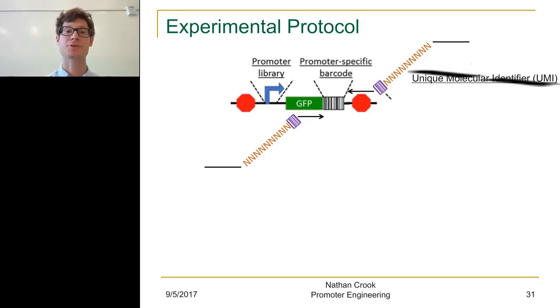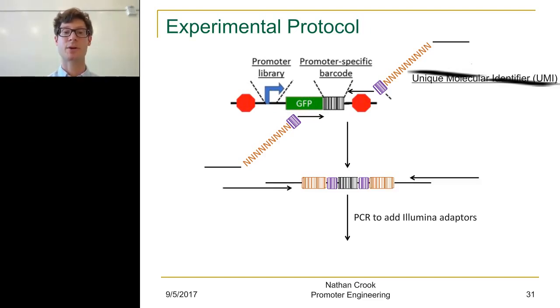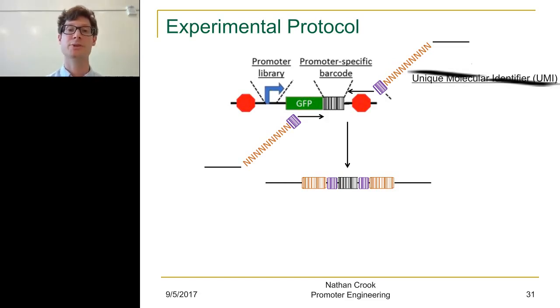And that allows you to uniquely identify these starting molecules in your PCR. So what you do is a small 3 cycle amplification using these primers, and that basically allows you to uniquely prime one set of primers to one template. And that will uniquely label it with a unique molecular identifier, a sample barcode, and of course your promoter-specific barcode.